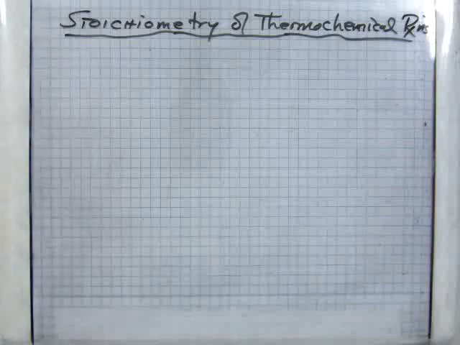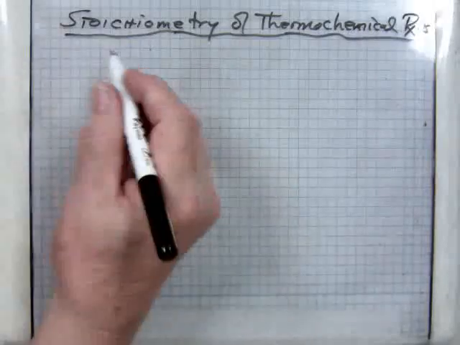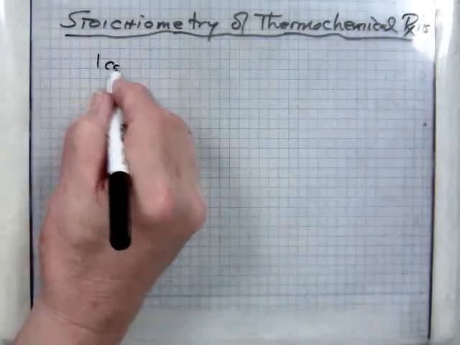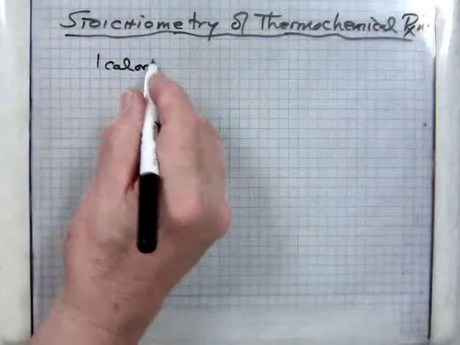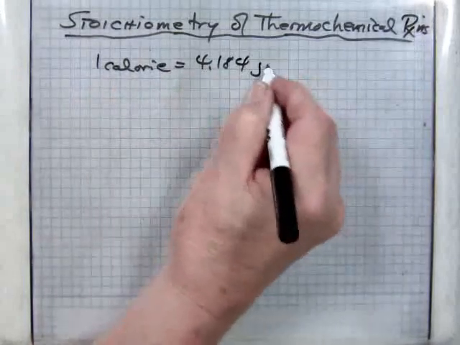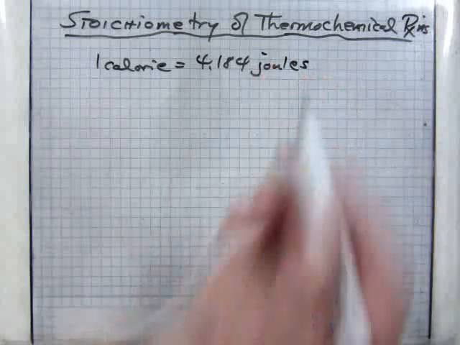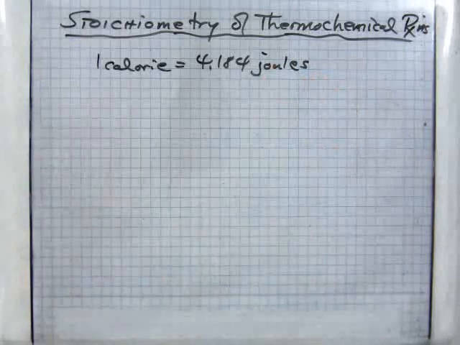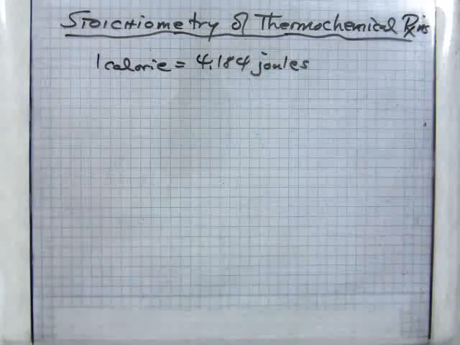But you need to remember as a sidebar that 1 scientific calorie is equal to 4.184 joules. So if the problem would ask you to convert back and forth, that's about the only conversion factor you'll have to run into.